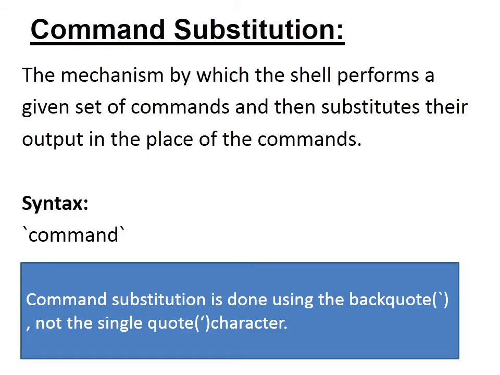An interesting topic in shell programming is command substitution. It is the mechanism by which the shell performs a given set of commands and then substitutes their output in the place of the commands. The syntax is this. Please note that command substitution is done using the back quote and not the single quote character.